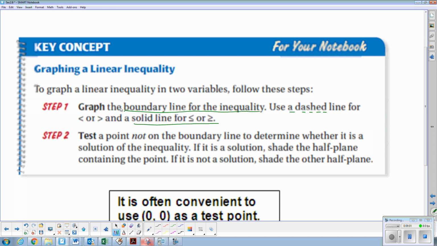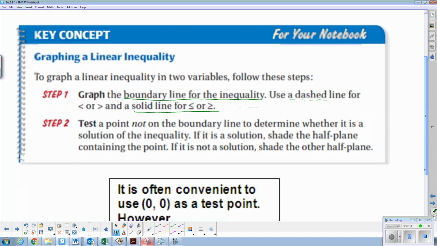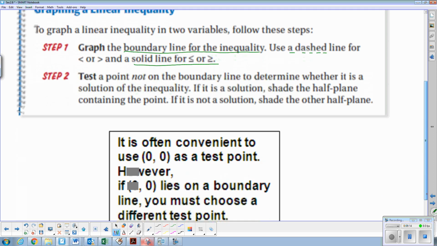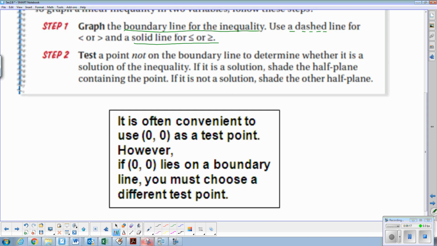If it is a solution, then every part of that half plane is a solution. If it is not a solution, then every point on that half plane is not a solution. Often we use 0, 0 as a quick, easy test point, but if 0, 0 is on the boundary line, we have to choose a different point.